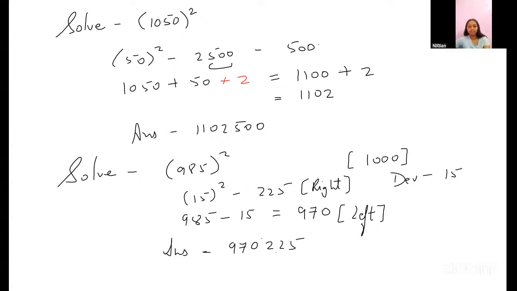Okay, I got the answer. No, I did it wrong. I was adding it. Just remember, whenever you have a number which is less than the base, you will subtract the deviation. When it is more than the base, you will add the deviation. Shall we move on to another sutra?